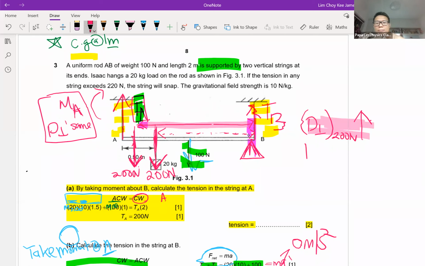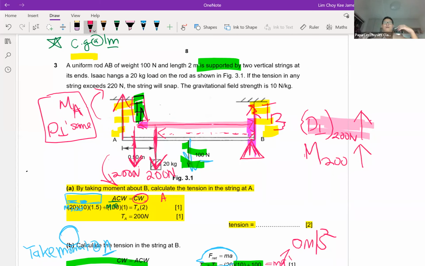Because of that, the anti-clockwise moment of the 200 Newton increases. Take note, it increases not because the force increases. The force still remains at 200 Newton, but the perpendicular distance increases.